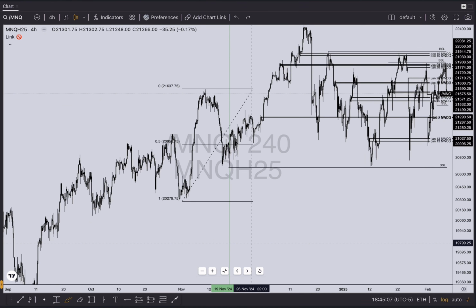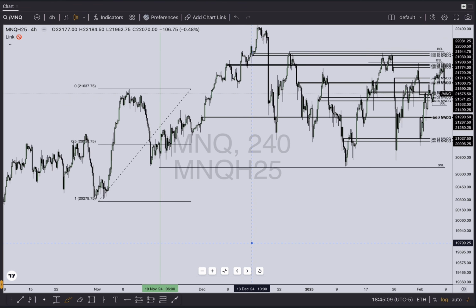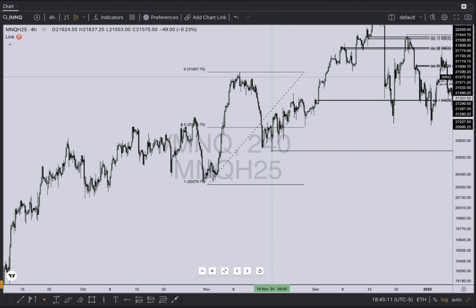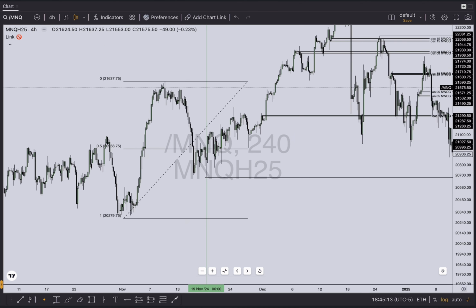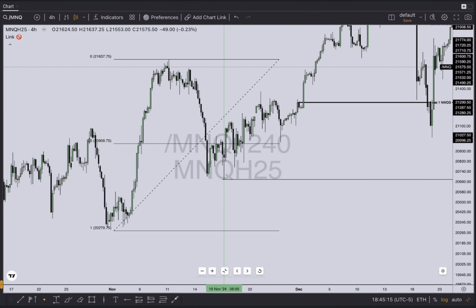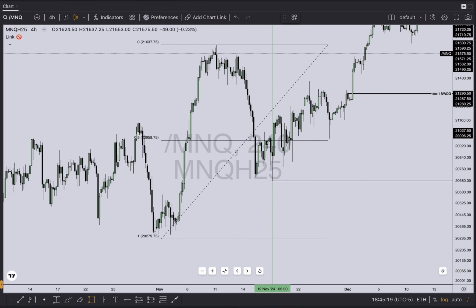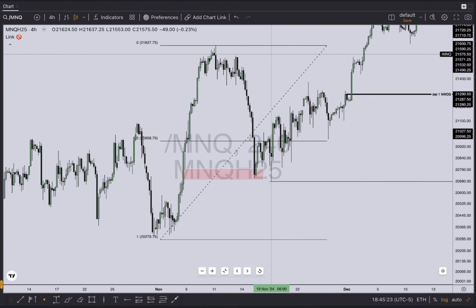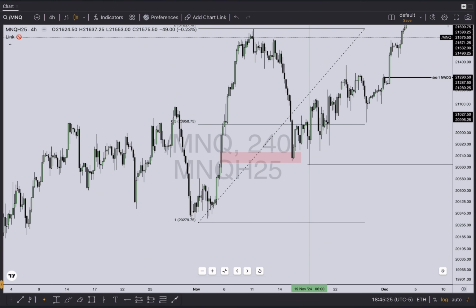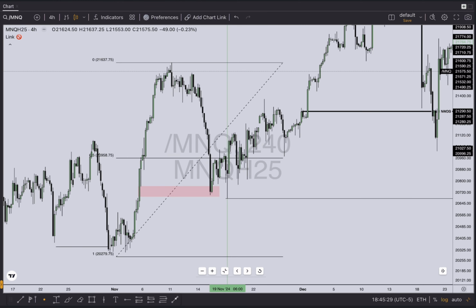We might, but we're still trying to go down slowly, right? So here on the 4 hour, we've tapped into this inefficiency right here, right? After taking this sell side, cool. We're in a bullish structure, right?